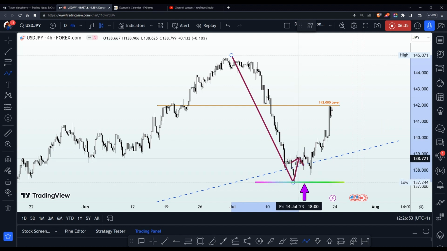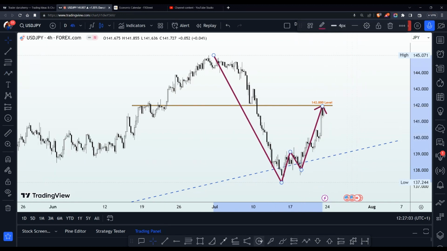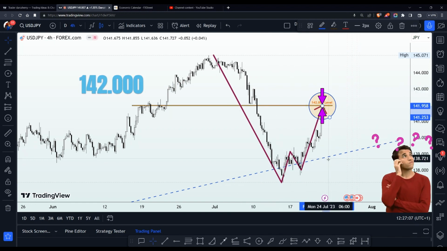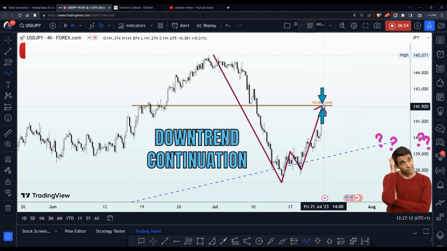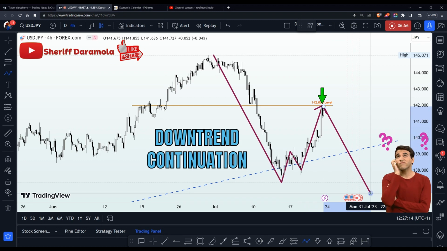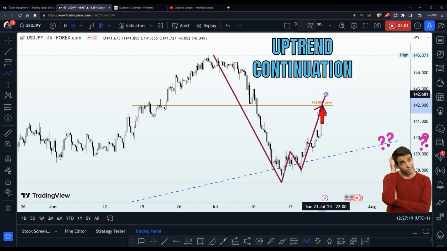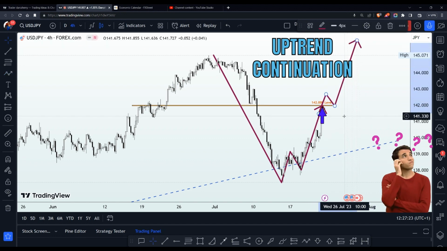Now, with the bullish momentum we have been witnessing here in the last couple of weeks now, we want to remain patient and see how the market will react to the zone at the 142.00 area to determine if this is going to turn out to be a downtrend continuation to the downside, or we are likely going to be seeing a breakout of the 142.00 area to incite another wave of bullish momentum.